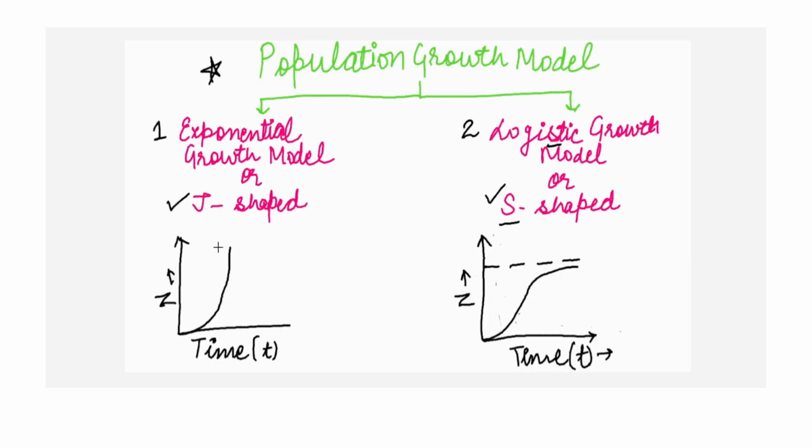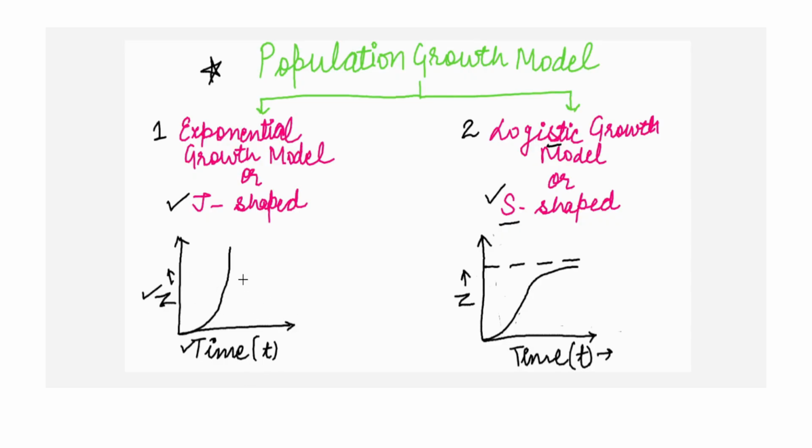We are asked about the graph in our exams or in our NEET exam. The J-shaped growth curve represents the graph in J shape, easy. We draw the graph between N, which is the population, against time, N on the y-axis and time on the x-axis.